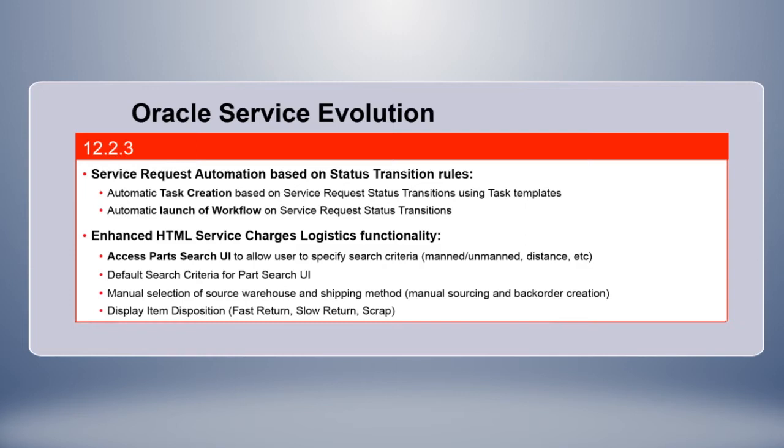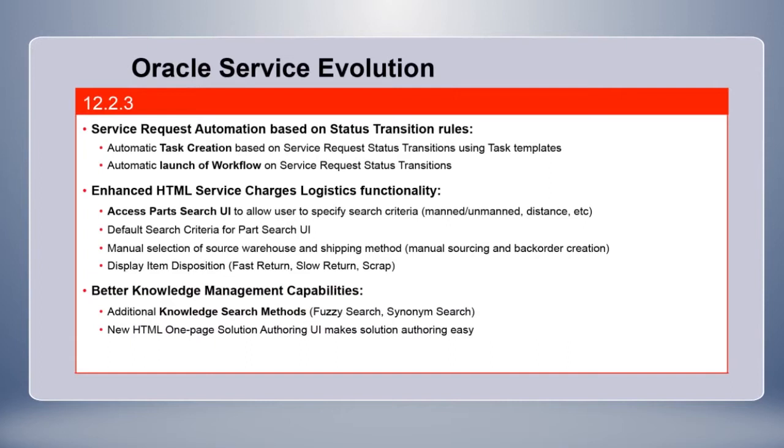Another thing we did was bring over the charges UI, which we have always had, into HTML. The charges UI is used for two basic purposes. One is billing for field service and depot repair. The other is charges logistics, or service logistics as we like to call it. This is for doing exchanges, advanced exchanges, RMAs, and so forth. But the sourcing of parts for a shipment or replacement part was always manual.